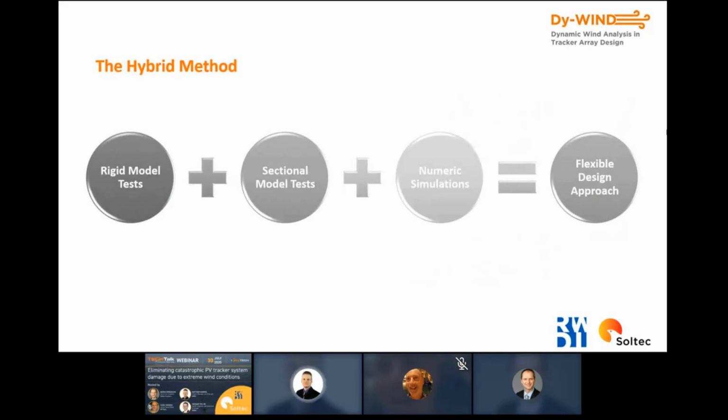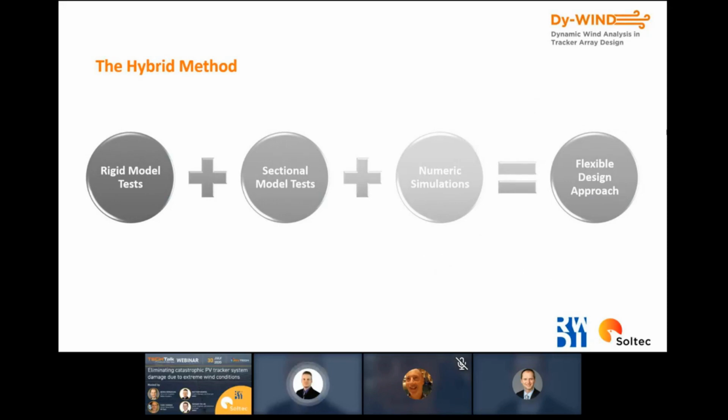We also have sectional aeroelastic model tests, and we obtain different data from those tests, which we'll talk about. And both of those kinds of tests provide inputs to numerical simulations. And these components put together provide a very flexible design approach for Soltech.